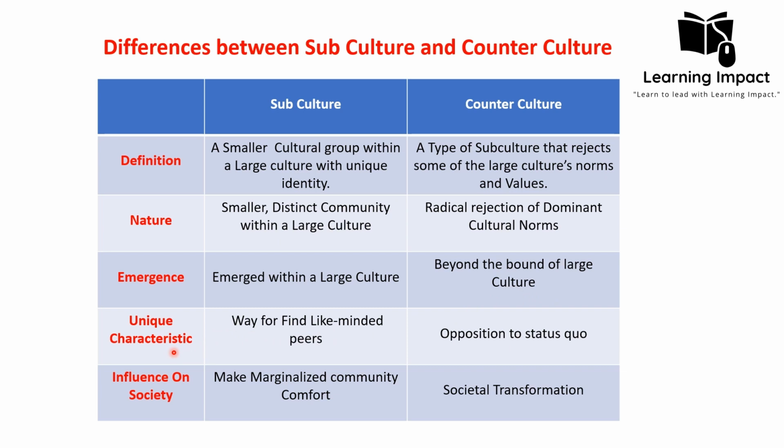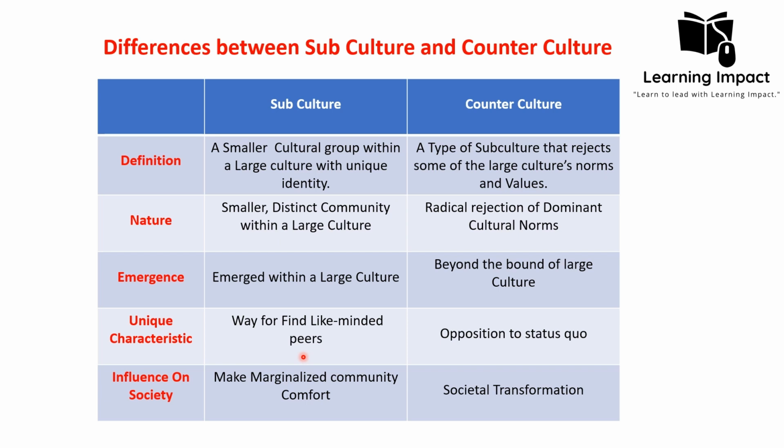Unique characteristics. How are subculture and counterculture unique? Subculture actually provides a way for like-minded peers, because those people who are living in this community, for example, the Pashtun subculture of Pakistan society, all Pashtuns are like-minded peers because they share the same practices. So it just provides a way to find like-minded peers.